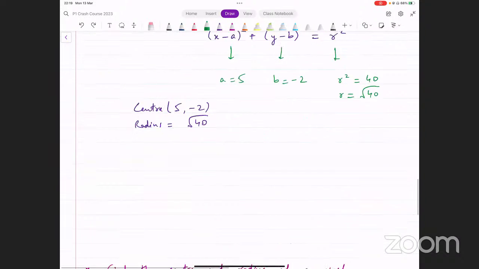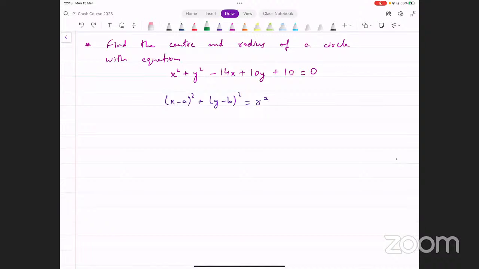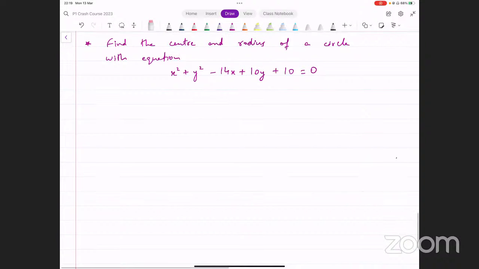And that's what we do here. We complete the square for x and y separately here. And once we complete the square, we can just compare with the standard form to find the center's coordinates and also the radius. Now, how is that going to work? Let's try and figure this out.